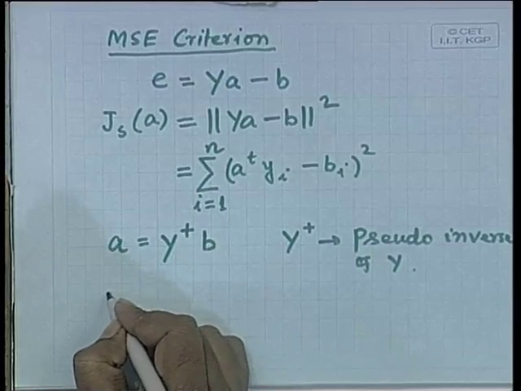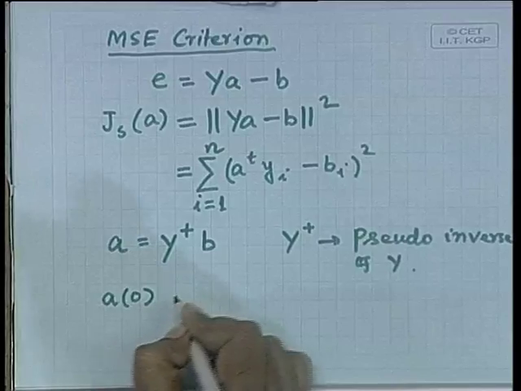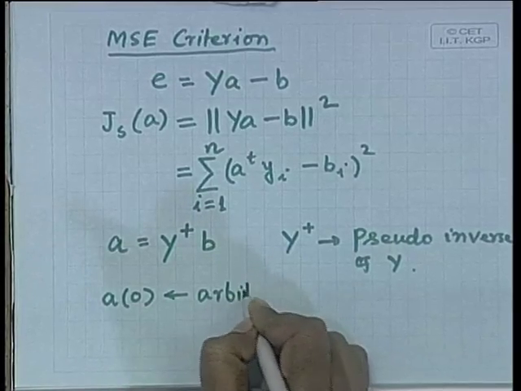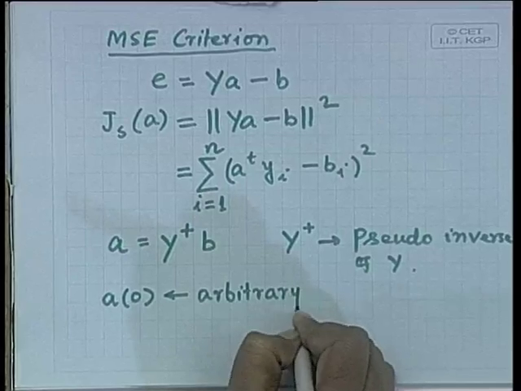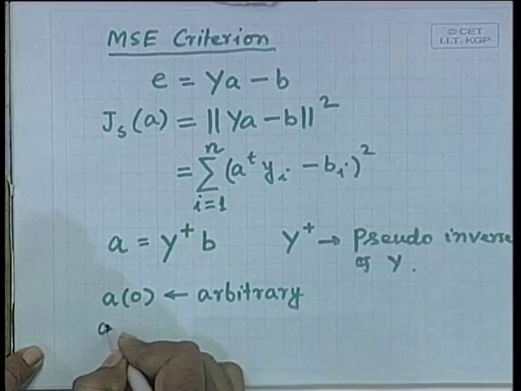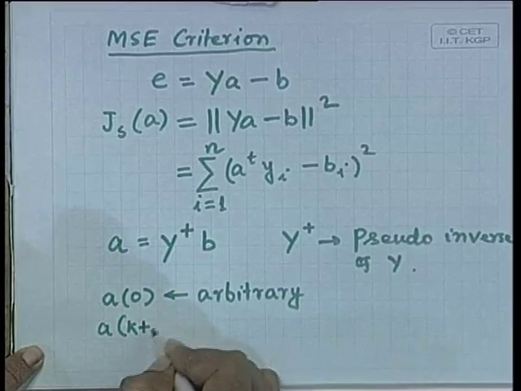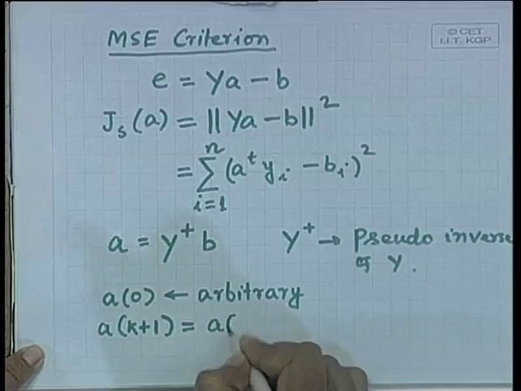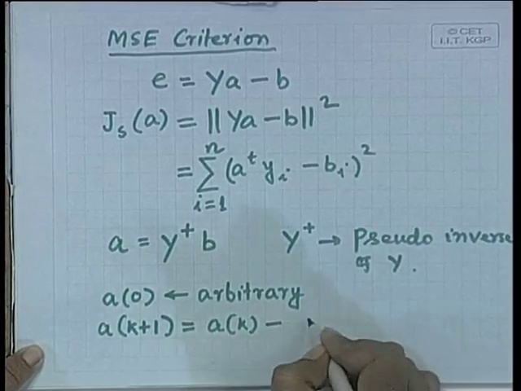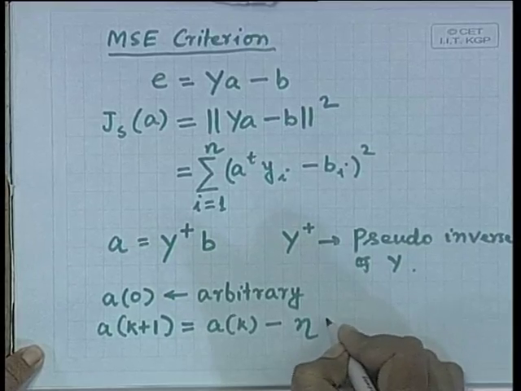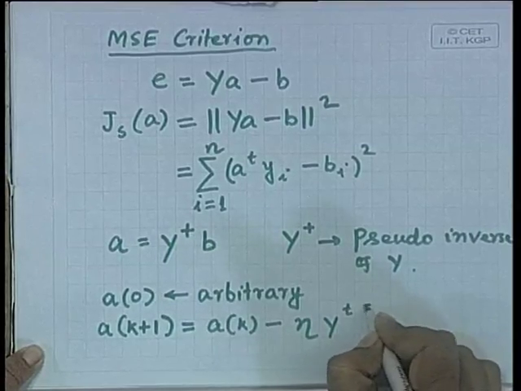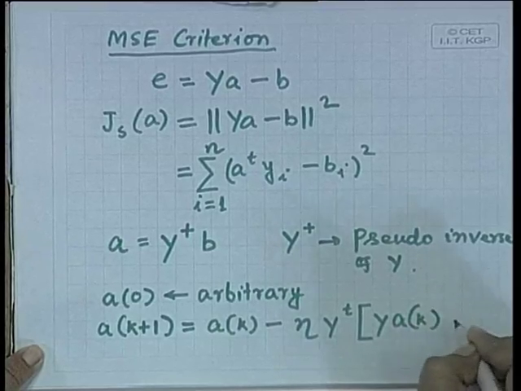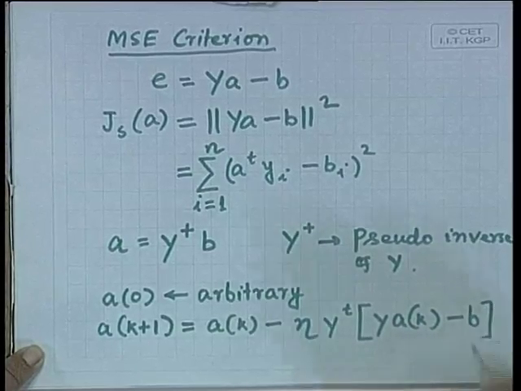Here again our initial weight vector a 0 will be chosen arbitrarily, and in every iteration step a will be modified as a k plus 1 is equal to a k minus eta times y transpose y a k minus b.